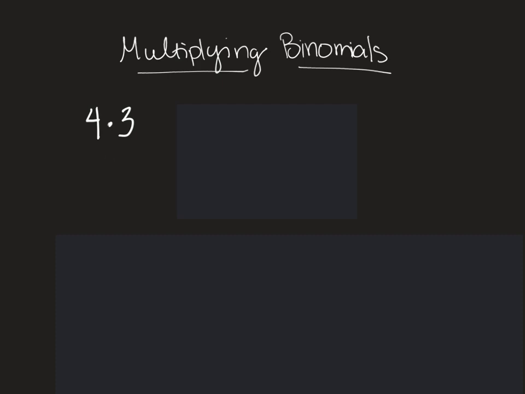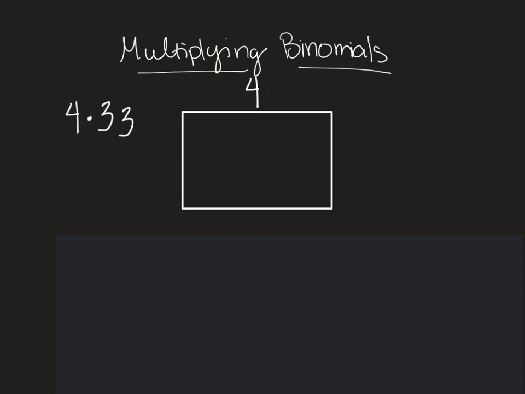What we're going to do today, though, is we're going to model this with things like a rectangle. In this case, we might say that this is 4 by 3.